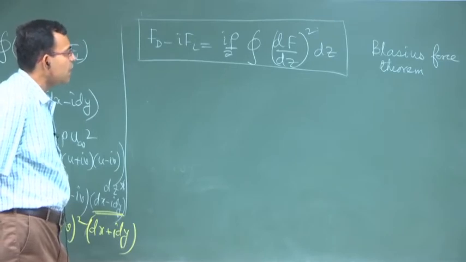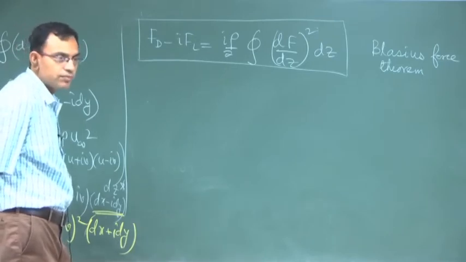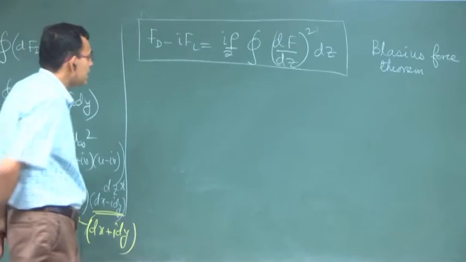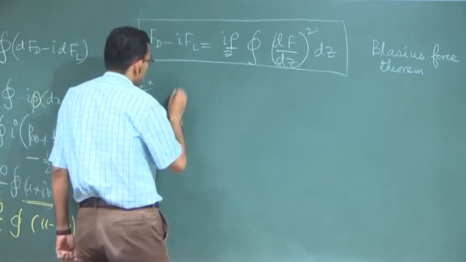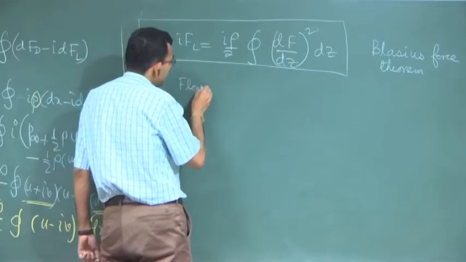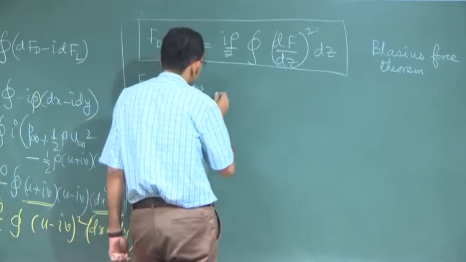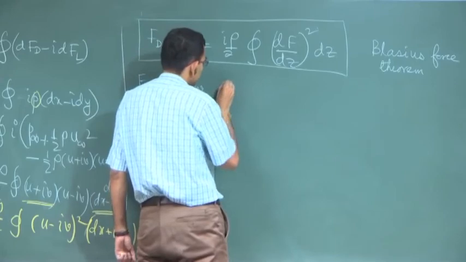So, let us illustrate the use of this theorem through the example of flow past a circular cylinder with circulation or with rotation.